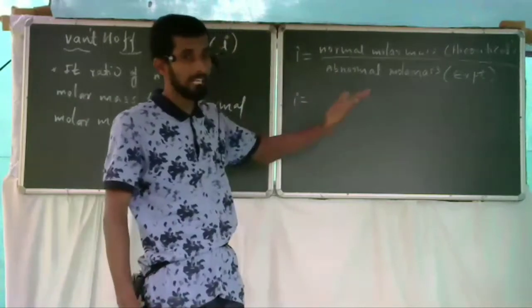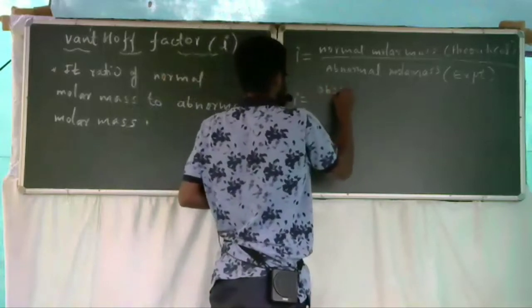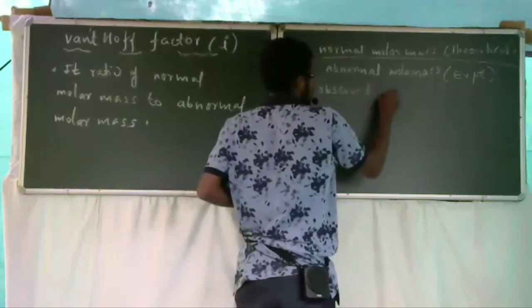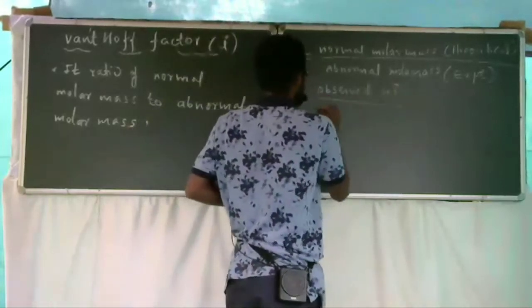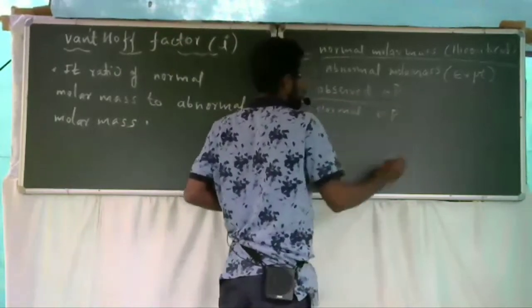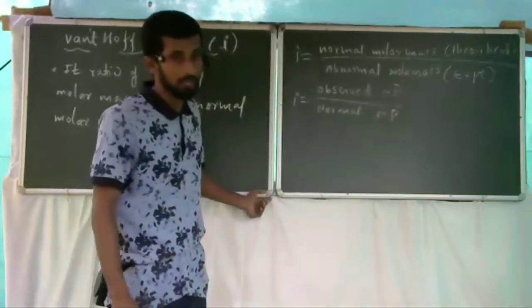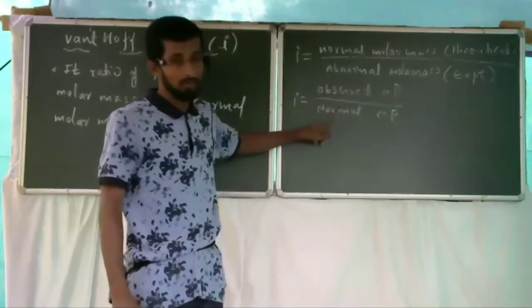Then in terms of colligative property, we can write i equal to observed colligative property divided by normal colligative property. It should be inverted, because molar mass and colligative properties are inversely proportional to each other.